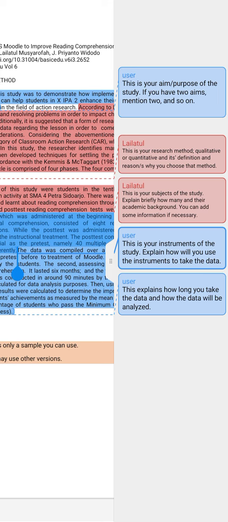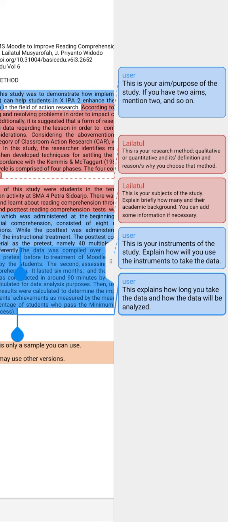In the sample, because this is CAR to see whether or not the reading comprehension skill improves, they use a test.